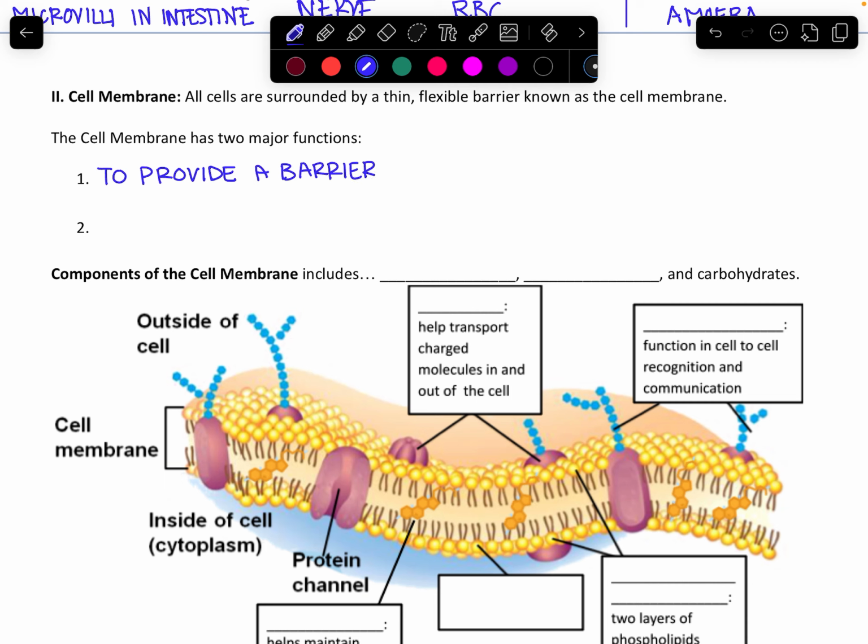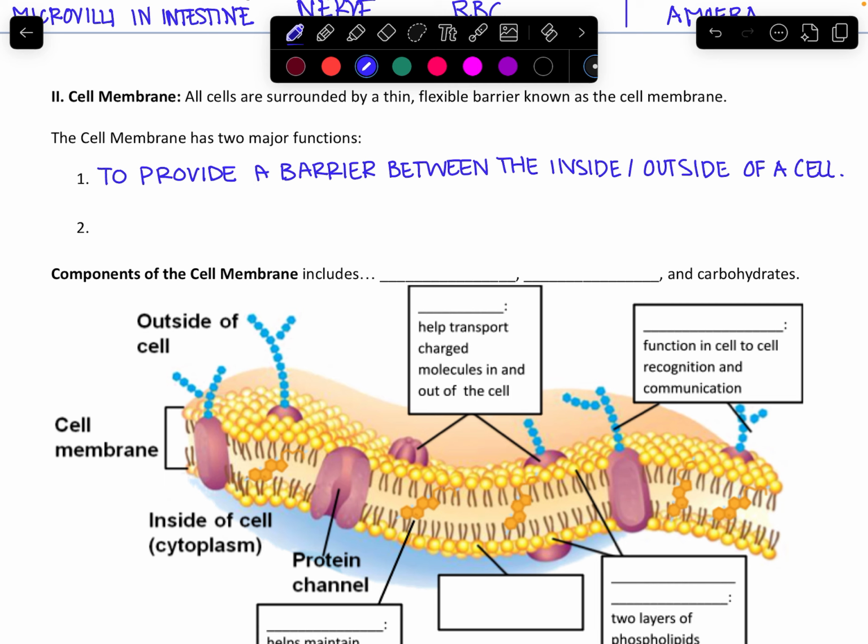Okay, so providing a barrier between the inside and outside of a cell. Okay, so if we don't have that barrier, we don't have a cell.